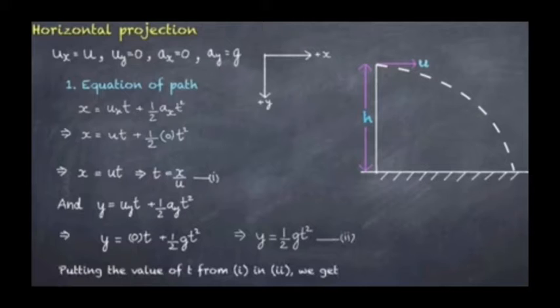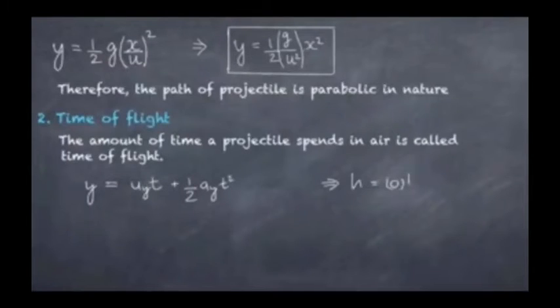Then putting the value of t from 1 in 2, we get y is equal to half g x by u the whole square, that is y is equal to half into g by u squared into x squared. Therefore, the path of the projectile is parabolic in nature.